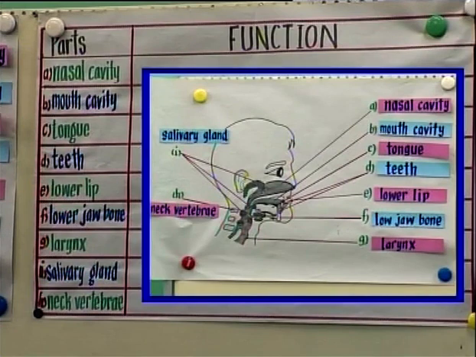Receiving students and class, in your workbooks, you will see a table with columns for parts, structure, and where it is located.